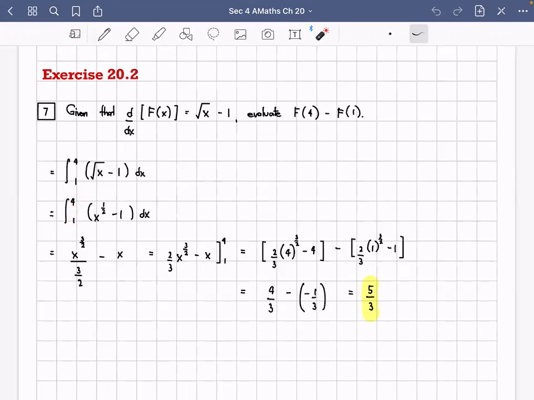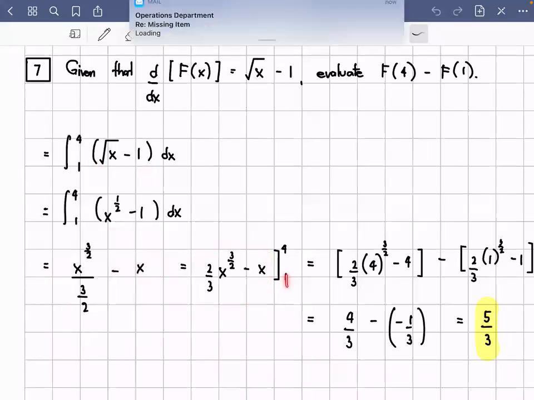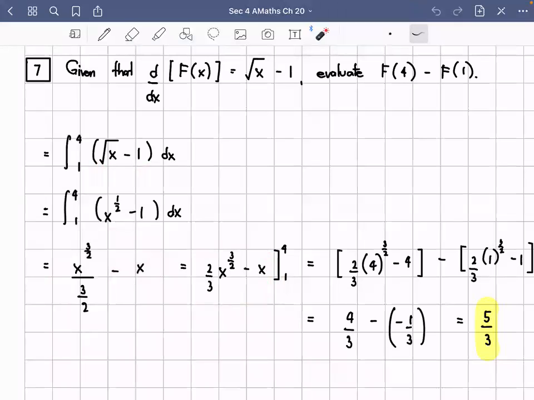So getting the antiderivative of this, it becomes x to the 3 over 2, having 1 half plus 1, and if this is 3 over 2, your denominator is also 3 over 2. And then minus x, since the antiderivative of 1 is x. So simplifying this, this is the answer for our antiderivative. Now we find the answer from our lower limit to the upper limit.